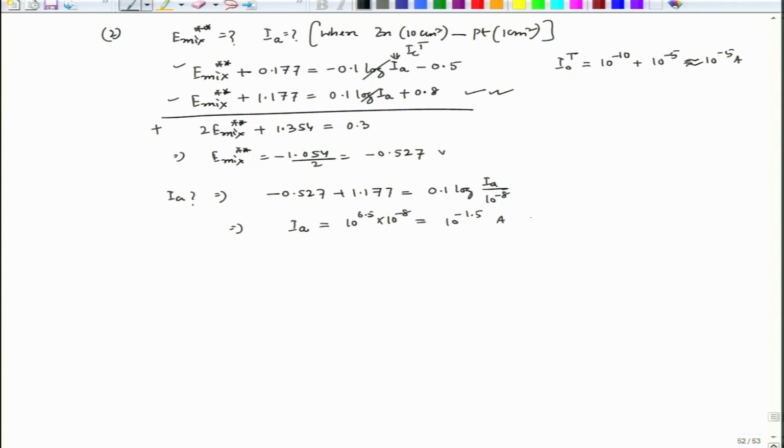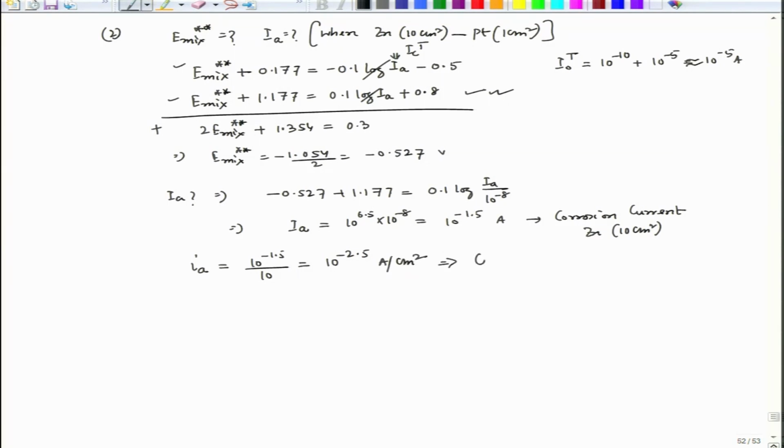So, now this is the corrosion current when zinc is 10 centimeter square. Corresponding IA, 10 to the power minus 1.5 divided by 10 centimeter square, becomes 10 to the power minus 2.5 ampere per centimeter square.